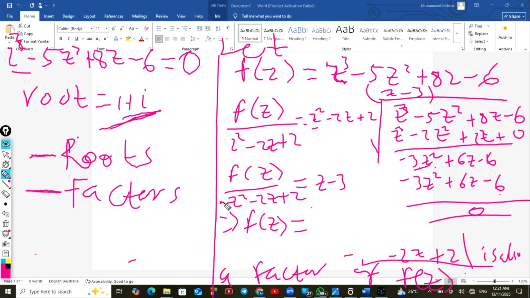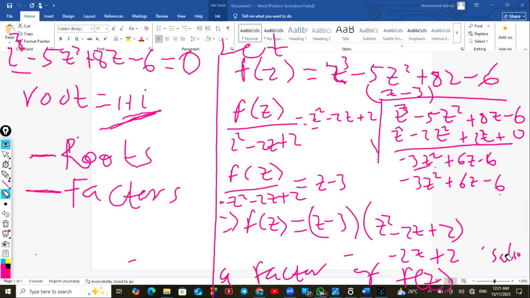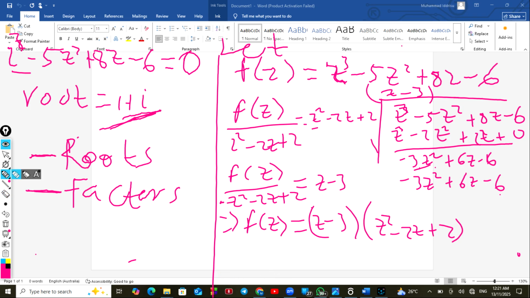This divisor, the denominator, so z minus 3 multiplying z square minus 2z plus 2. But we already know what this z square minus 2z plus 2 represents.